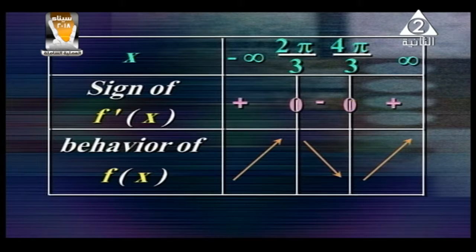The behavior of the function is decreasing in the second interval from 2 pi over 3 to 4 pi over 3. Why? Because the sign of f dash x is negative. In the last interval from 4 pi over 3 to infinity, the sign of f dash is positive, then the function is increasing.